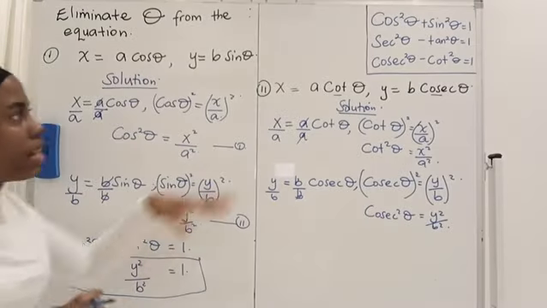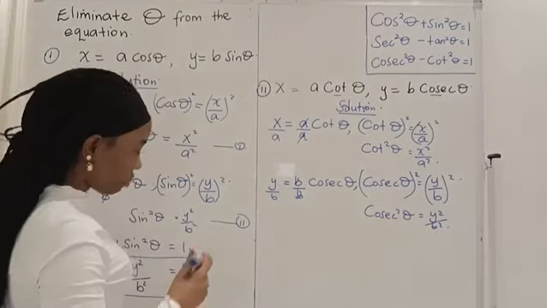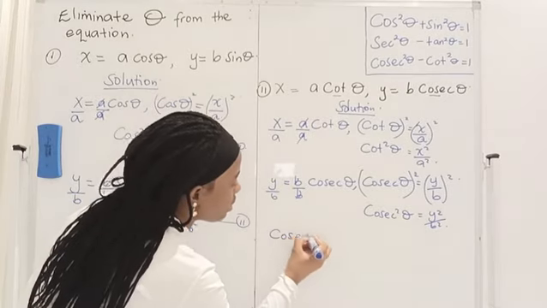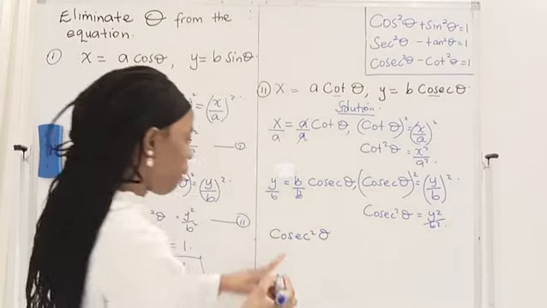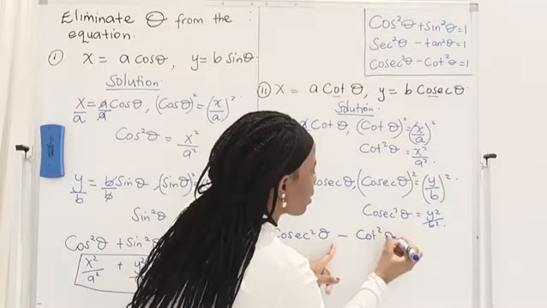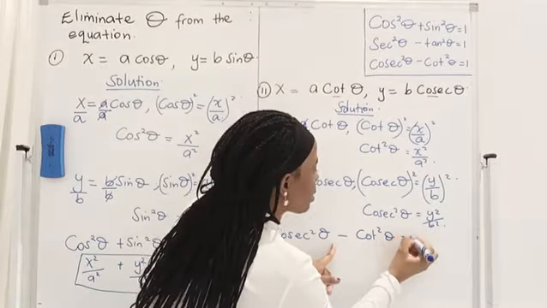Then after getting that, get your third Pythagorean identity, write it here. This is cosec squared theta minus cot squared theta is equal to 1. But what is cosec squared theta? Because I don't want to see theta in this equation, I'm going to replace cosec squared theta by y squared out of b squared.